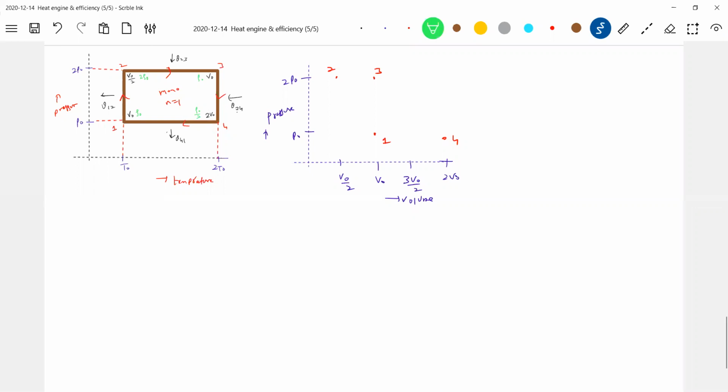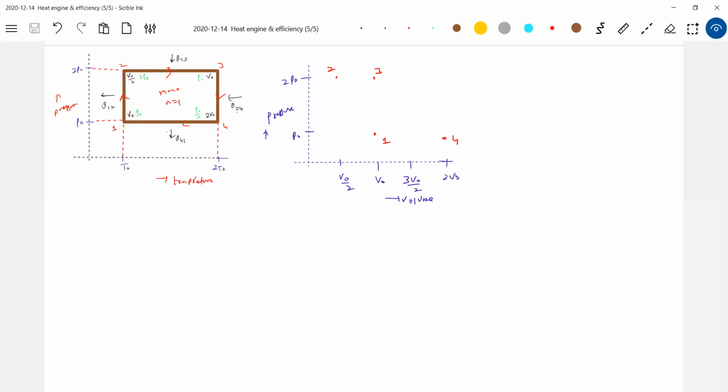Okay, straight line I'll bring. Again, we are escaping from thinking. Before joining the points, look again, come back and view this. What is 1 to 2? Isothermal compression. In the PV graph, it is a rectangular hyperbola.